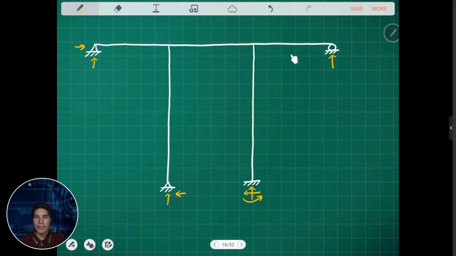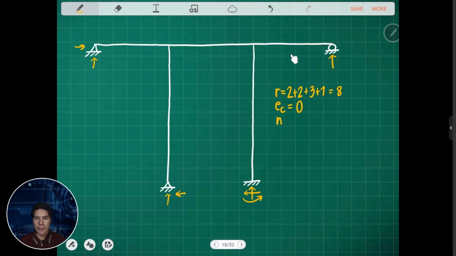So the total number of reactions is 2 plus 2 plus 3 plus 1, so that is equal to 8. And then for EC, we have no internal hinge or internal roller along the beam, so it means 0.